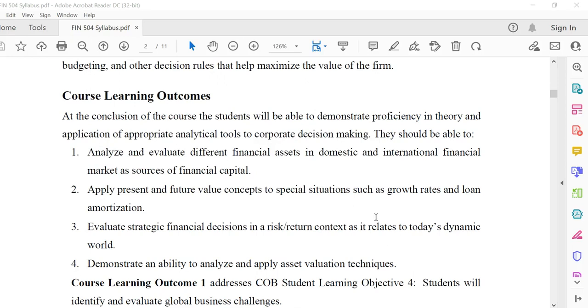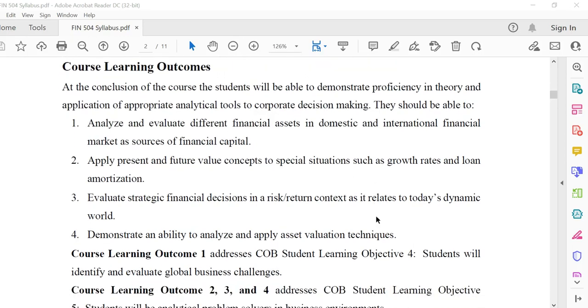You should be able to evaluate strategic financial decisions in a risk-return context as it relates to today's dynamic world. So there has to be a balance between risk and return while making those financial decisions. Then you should be able to demonstrate an ability to analyze and apply asset valuation techniques.